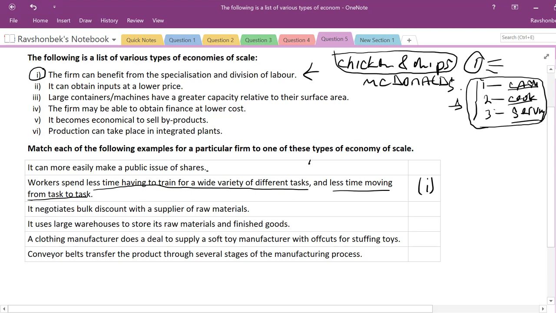Number 2, you can obtain inputs at lower prices. Well, large companies are able to negotiate because they require large amounts of inputs. So when you're buying a large amount of input, let's say an egg farmer could be selling eggs to either a corner shop guy or a Tesco guy. Farmers usually would like to sell to Tesco because they buy a lot of eggs, right?